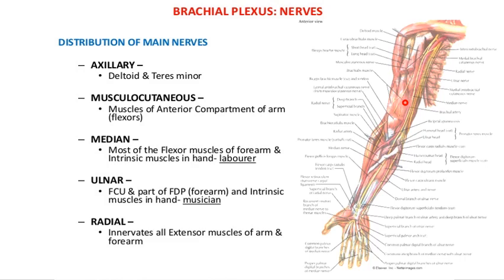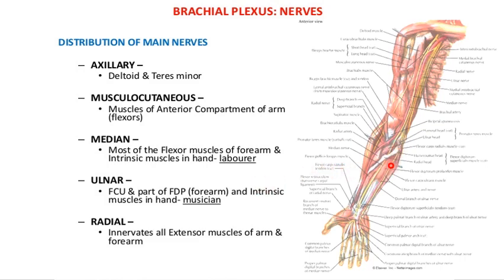the arm. The median nerve, which is also a flexor compartment nerve, supplying most of the muscles of the flexor compartment of the forearm or the flexors of the forearm except the flexor carpi ulnaris and the medial half of flexor digitorum profundus. So the median nerve also is known as laborer's nerve.